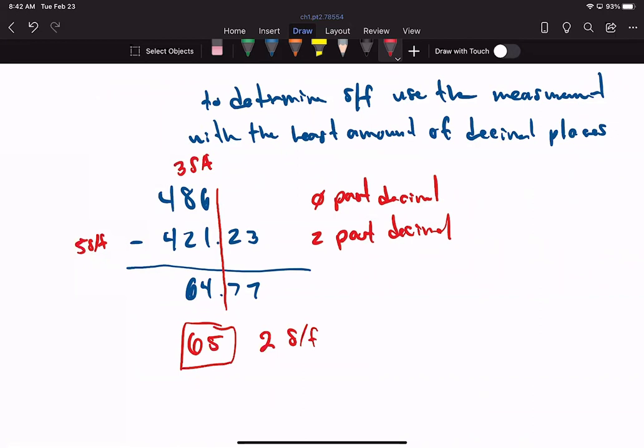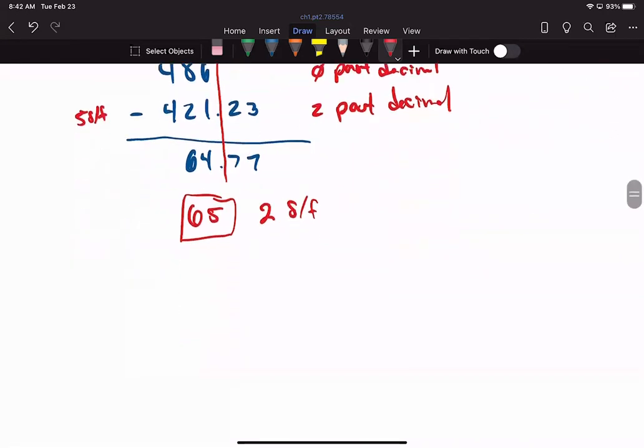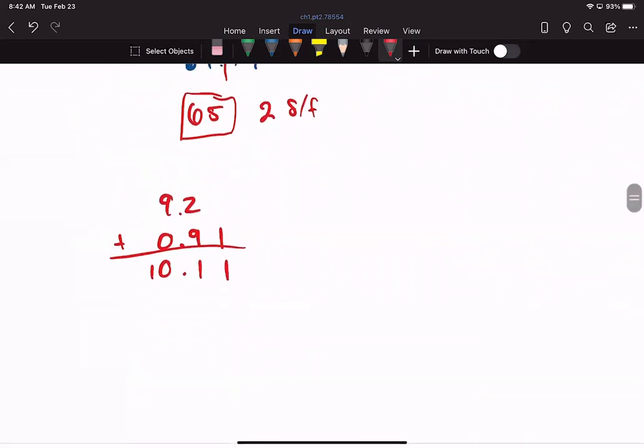Let's do one that's addition here. 92 plus 0.9 plus 17.2. All right, let's go ahead and add this. I got 1, 11. This is going to be 10. Well, what do we see here? This is 1 past the decimal.